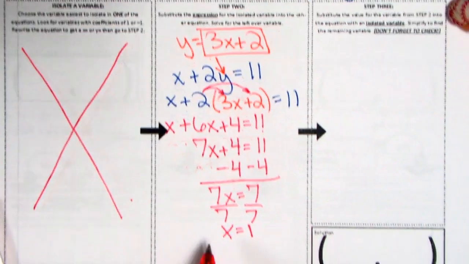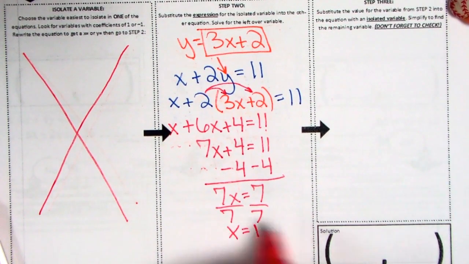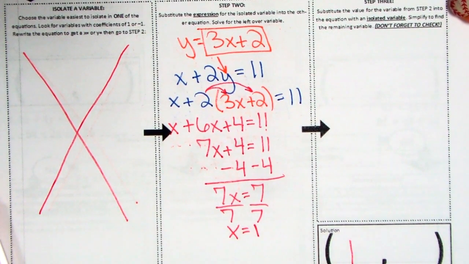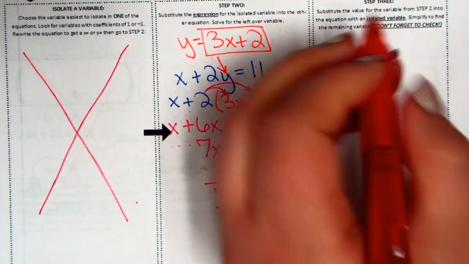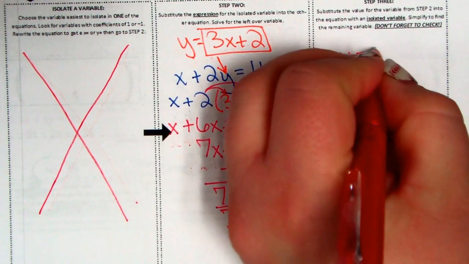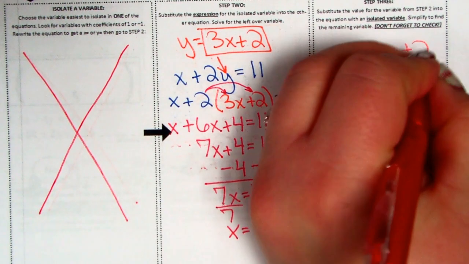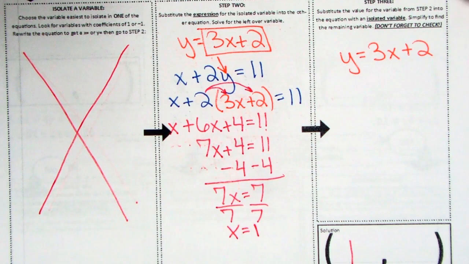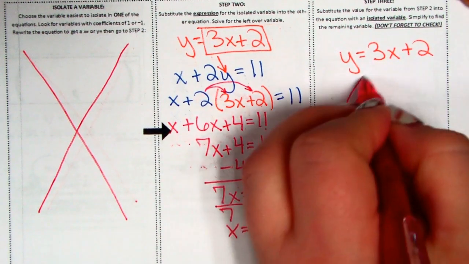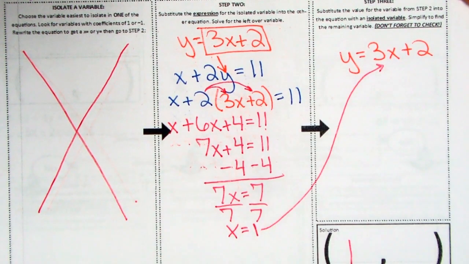Now that 1 goes in 2 places. That 1 is going to go into our answer because we write our answer as a point. So it'll hold the x portion. And then the 1 will also go back into our equation for x. So we're going to go back into that equation, y equals 3x plus 2, and we're going to replace the x with 1.